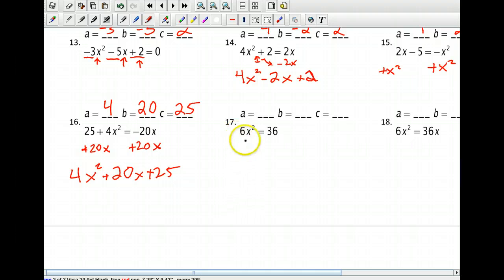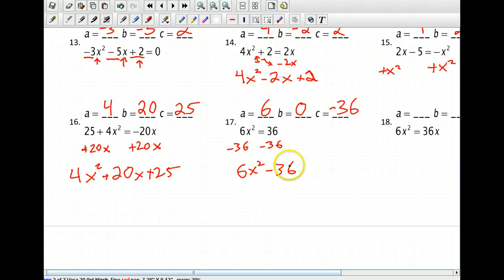What about here? What do we get for A on 6 and B? 0. C? What is it? Negative. So if you plug in 36, everything's going to be wrong. You don't want to be wrong before we even start this problem. And as you guys said, if there's something missing, like the linear term is missing, it's 0.